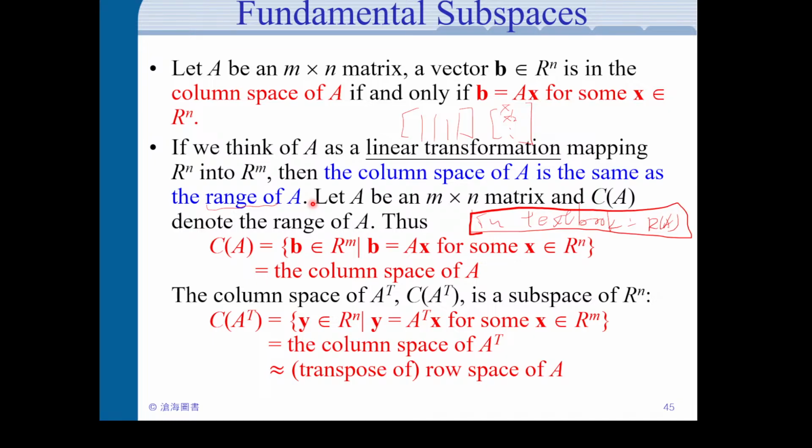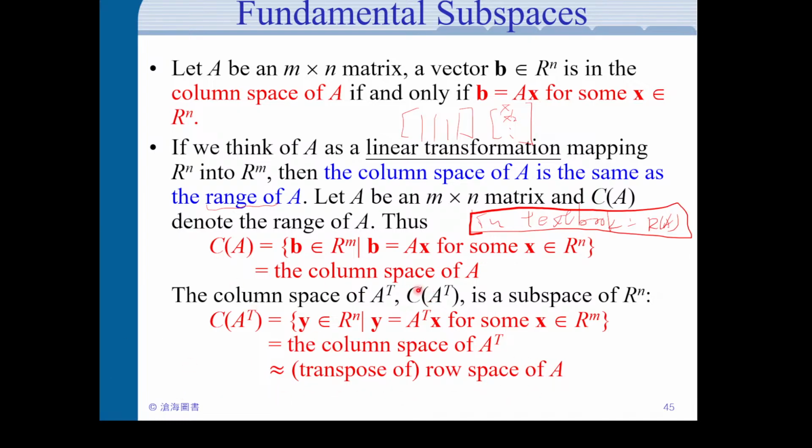So for this range of A, I denote it as C of A, the column space of A. It's the set of vectors equal to A times some X, and this column space of A is in Rn. And then we have the column space of A transpose, which is basically the row space of A, but taking a transpose.